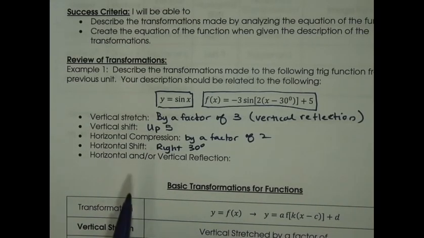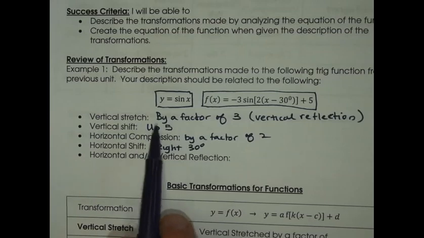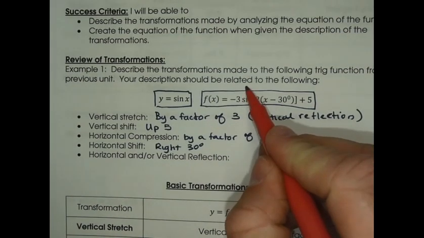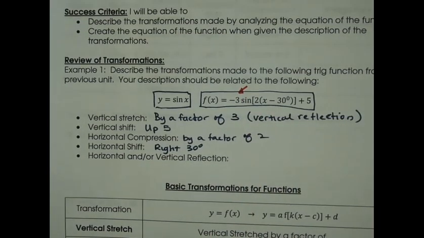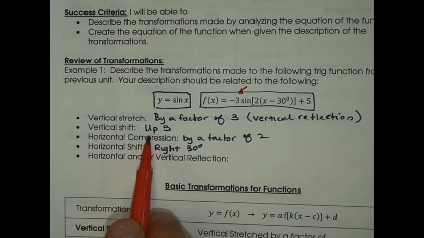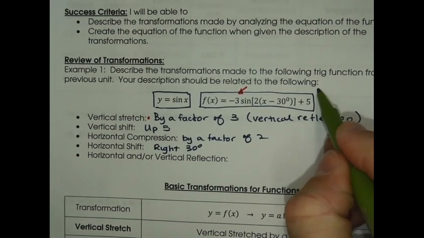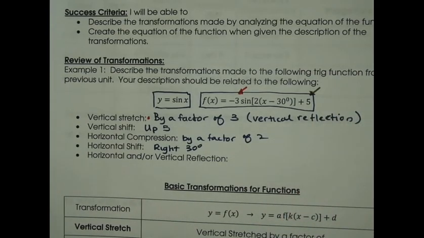So hopefully you wrote down that the stretch was a factor of 3, and that came from the number out front. We had a vertical shift up 5, and that came from that piece.